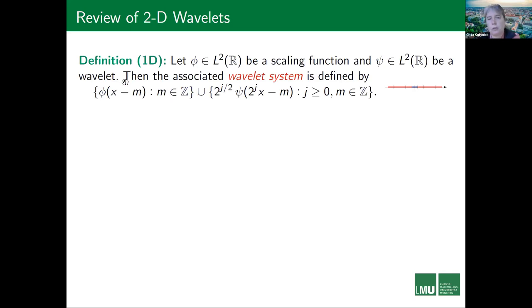So if you take a frequency viewpoint of these systems, what you observe is that if this is, let's say, the frequency axis, so the domain of the Fourier transform, then the essential support of the Fourier transform of this is in this low frequency part around 0, and the support of the Fourier transform of these functions, depending on j, is in these areas or these areas, and so on. So that way you tile the Fourier domain.